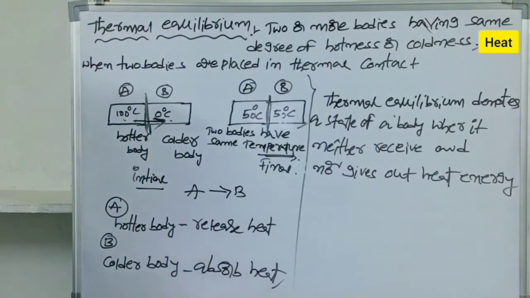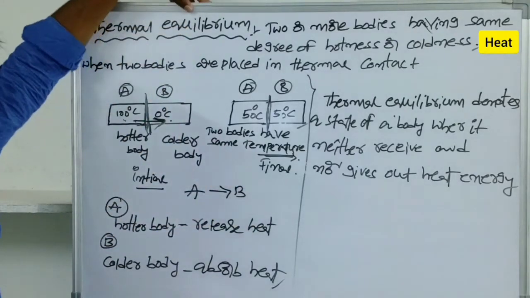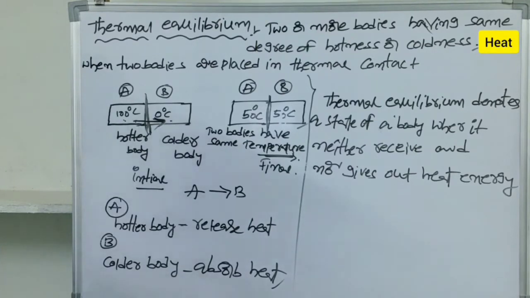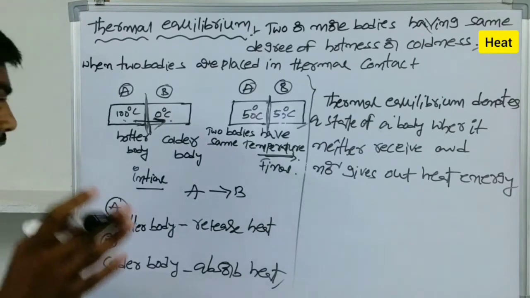So, one second. What is thermal equilibrium? Two or more bodies having the same degree of hotness or coldness is called thermal equilibrium. When two bodies are placed in thermal contact, heat energy will be transferred from the hotter body to the colder body.